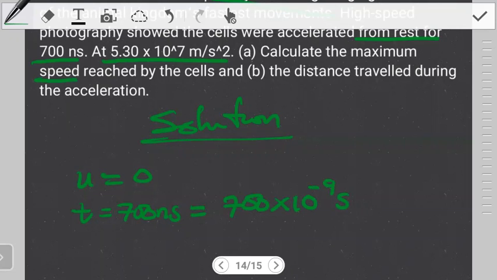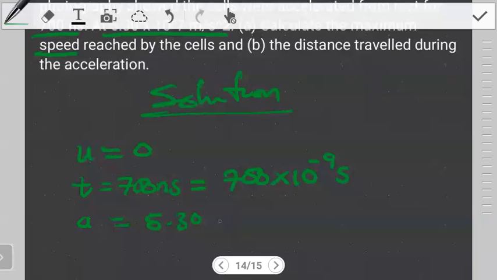Okay, so what else are they saying? It accelerates from rest for this duration at an acceleration of 5.30 times 10 to the power positive 7 meters per second squared.